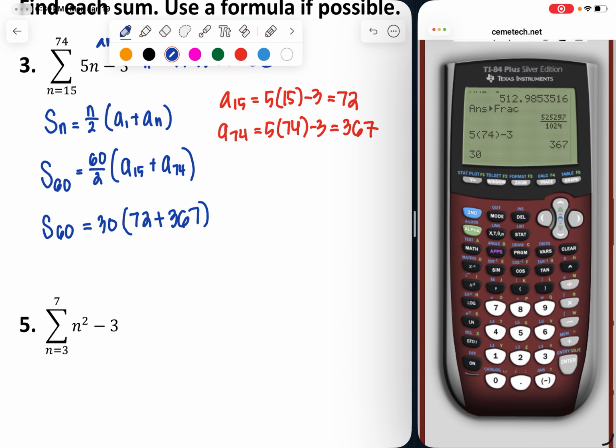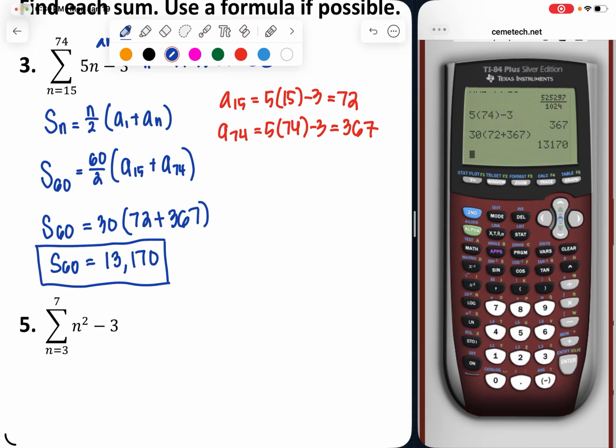So 30 times, parentheses, 72 plus 367 equals 13,170. So the sum of those 60 terms is 13,170.